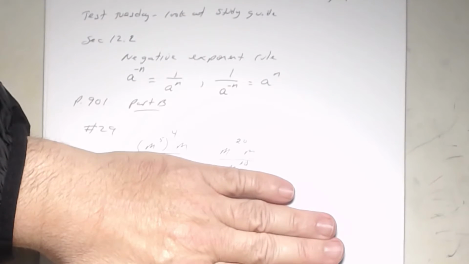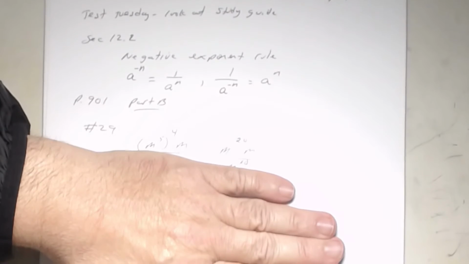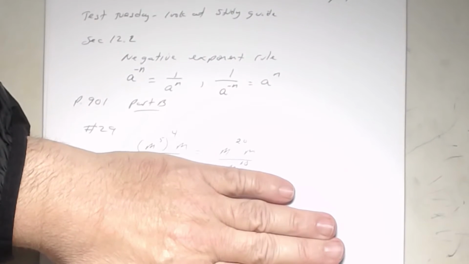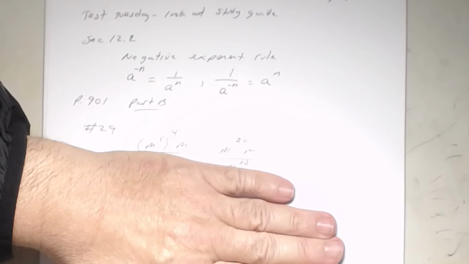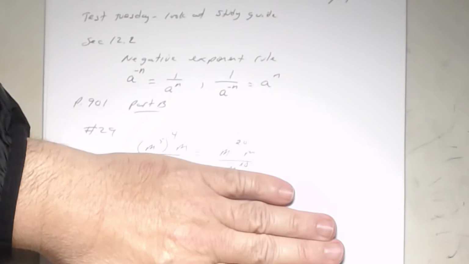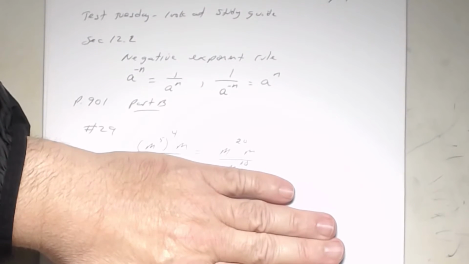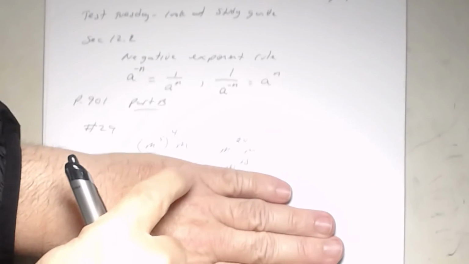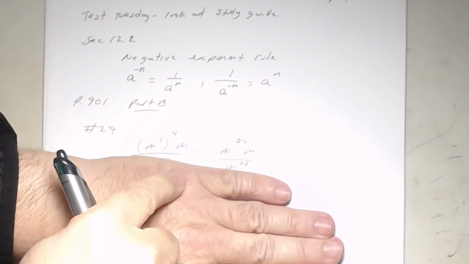When you multiply like bases, what do you do with those exponents? You add them. Okay, now you understand what you got to work on, right? Okay? All right, guys. This is Tuesday. Some of you that have a D or an F, you need to make at least a B on this test. Some of you that have an A or a B, you want to try and keep that A or B.